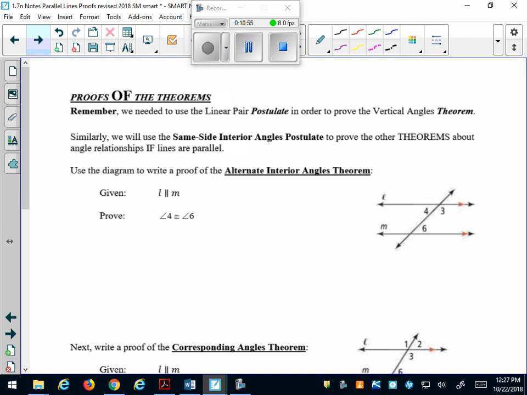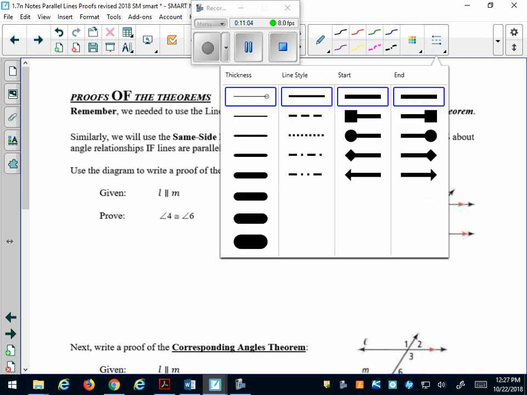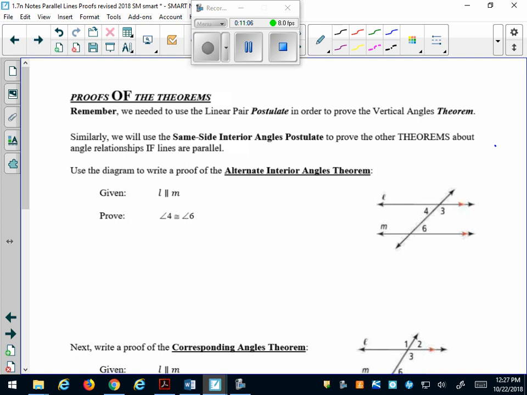Okay, so turn the page. These three are the three proofs of the theorems. And we're going to do the first one, maybe the first two together. So again, these are proofs of theorems. So very basic given and prove, right? Given these lines are parallel, prove that 4 and 6, so alternate interior angles, are congruent.